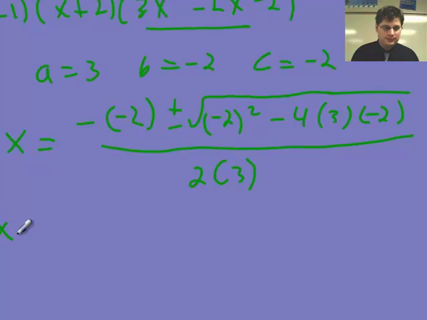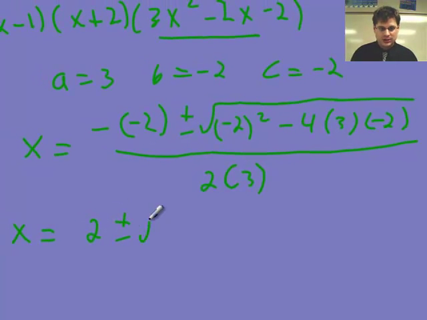So therefore, we just start simplifying that. x equals 2 plus or minus the square root, and that comes out to be 28 all over 6.